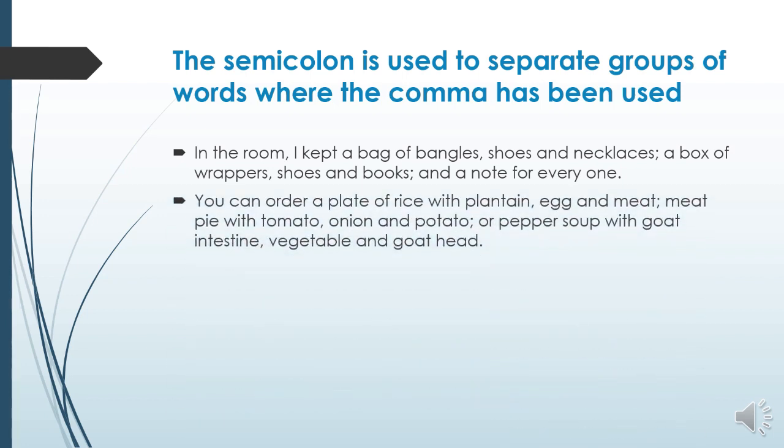You can order plates of rice with plantain, egg and meat; meat pie with tomato, onion, and potato; or pepper soup with goat intestine, vegetable, and goat head. You can compare the two sentences and see how much the use of the comma and the semicolon are alike.